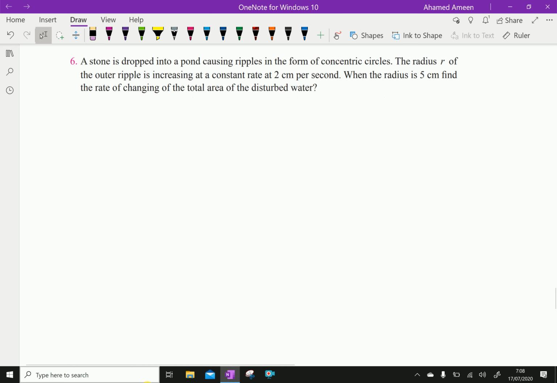Here r is the radius of the ripples, which are circles, and A is the area of the ripple.